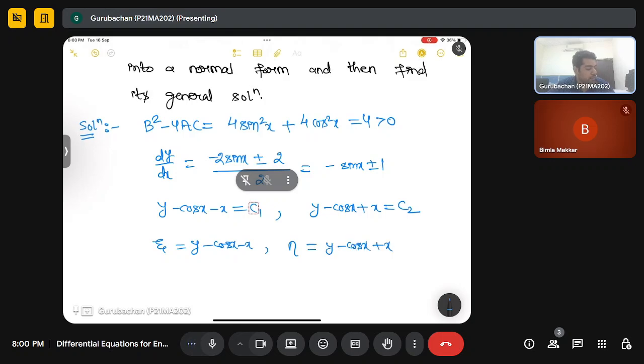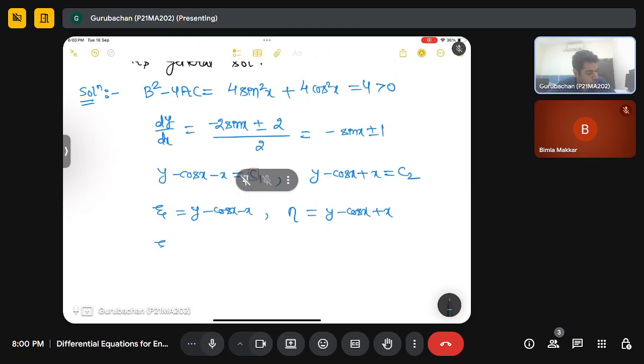Okay, so your xi will be y minus cos x minus x, and eta will be y minus cos x plus x. So xi x will be, cos x will be minus sin x, that is sin x minus 1, xi y will be 1, eta x will be sin x plus 1, eta y will be 1.